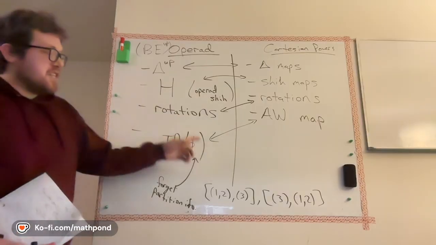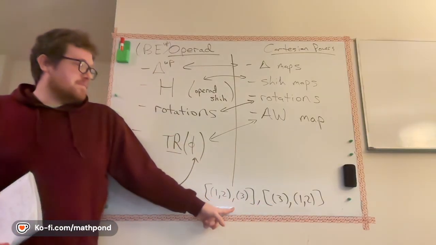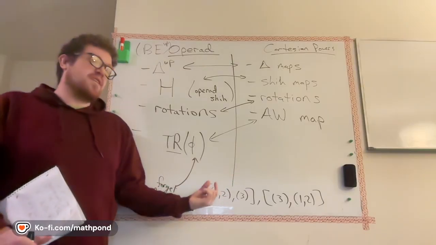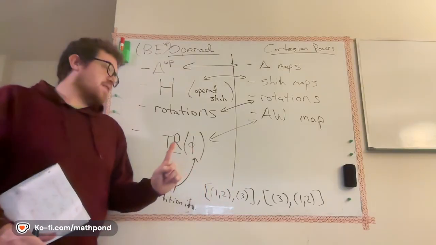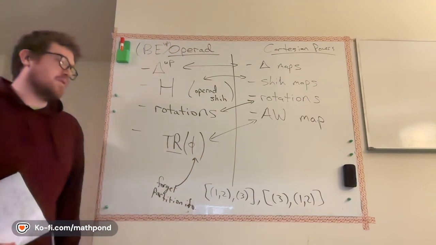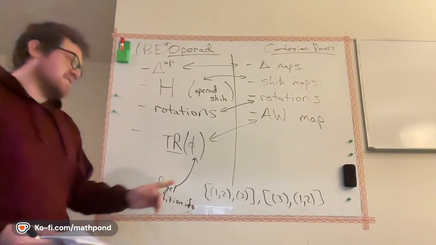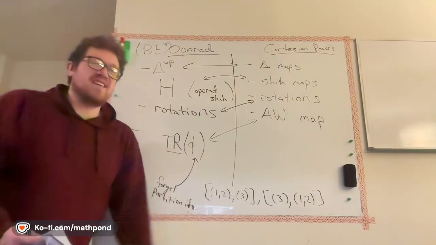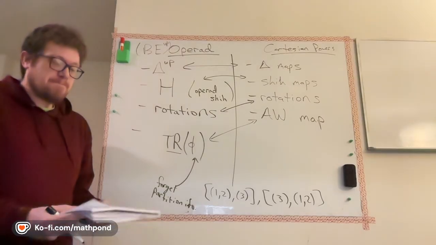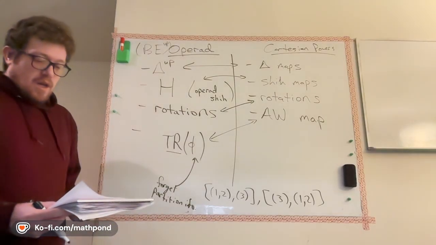So rotations act on these things, but unless they're partitions of one thing, there's something to do with the freeness being kind of off, in the sense that you can have (1 2) act on this and it acts trivially.